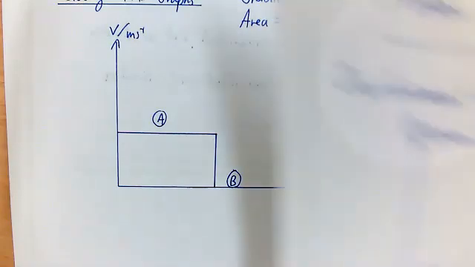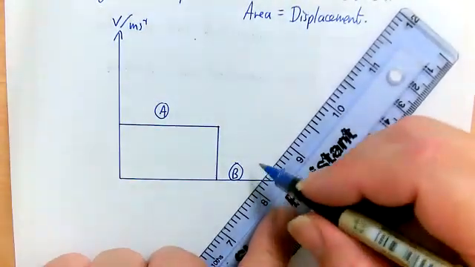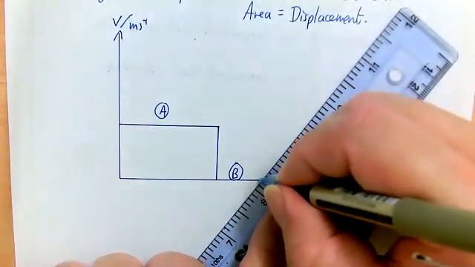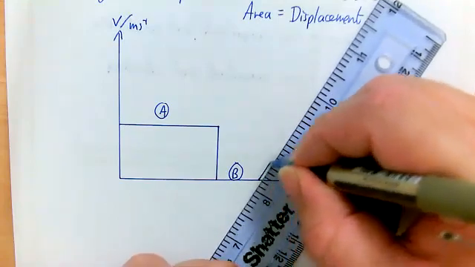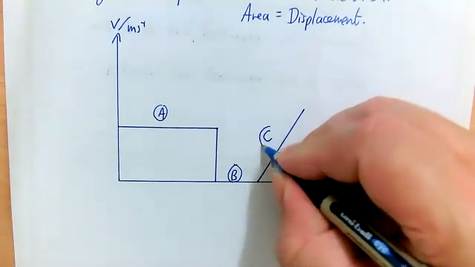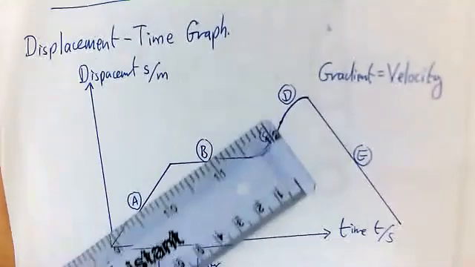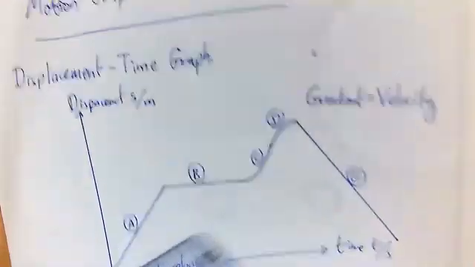With part C, we're accelerating, so velocity is increasing over time. So it's doing, I'm going to exaggerate it slightly there. So part C there. Okay. For part D, remember the gradient here is decreasing, so the velocity is decreasing.